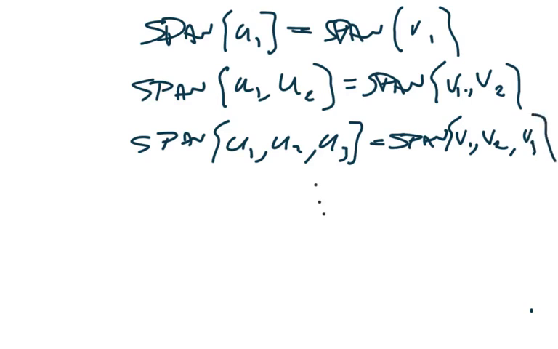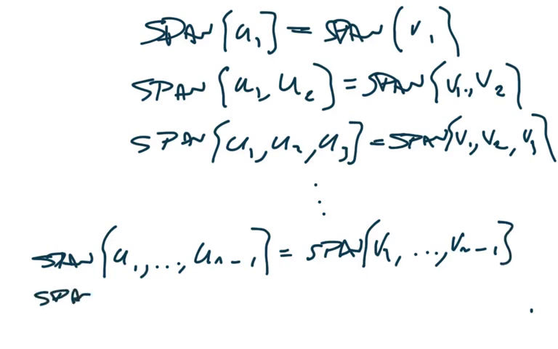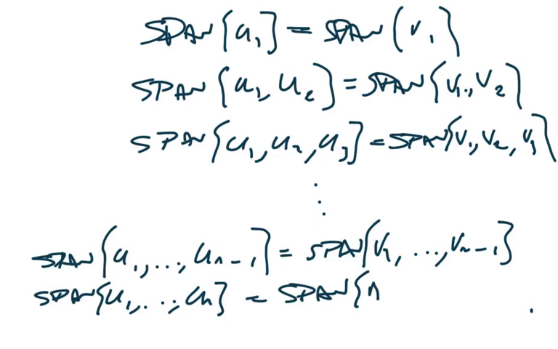All the way down the line until, eventually, the span of u1 through un minus 1 is the same as the span of v1 through vn minus 1, and the last one would be, of course, the span of all of the u's is the same as the span of all of the v's.